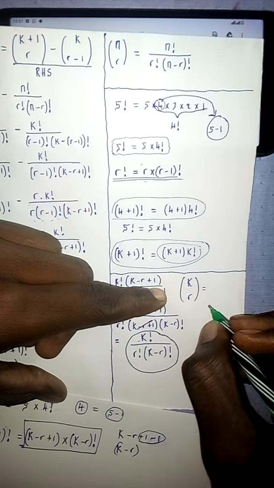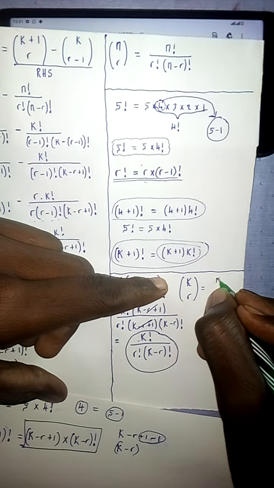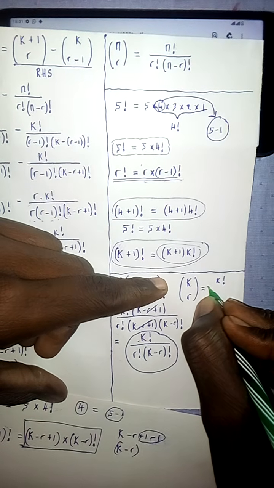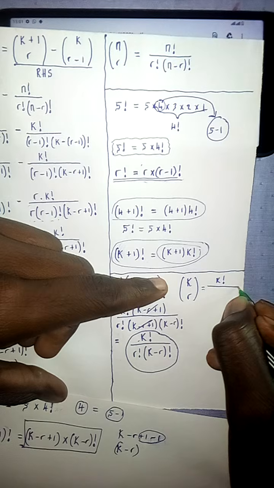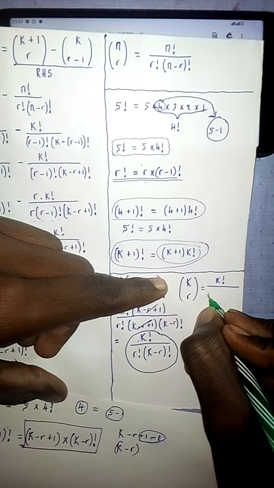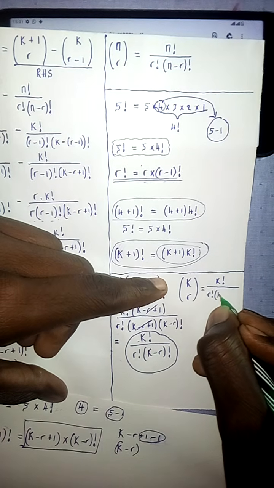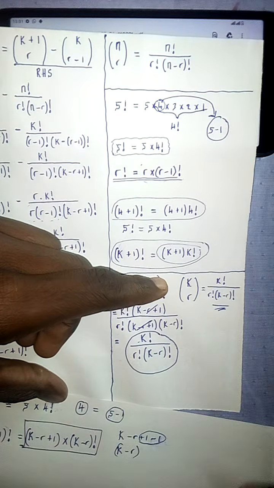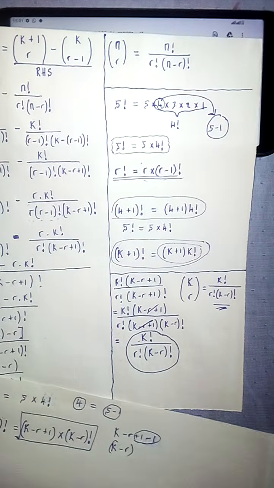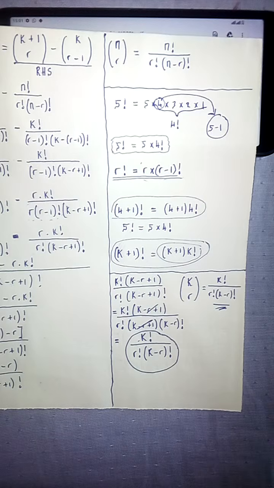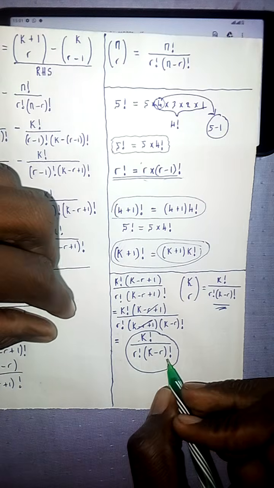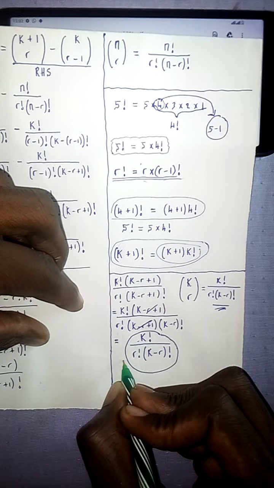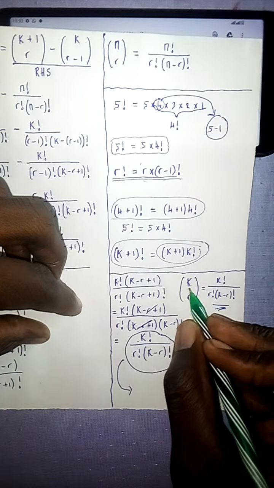When we write that in that form, we are going to have k factorial over r factorial times k minus r factorial. If you want, you can convert this from this form to this form.